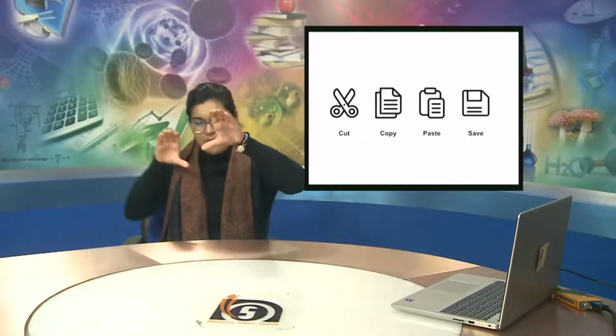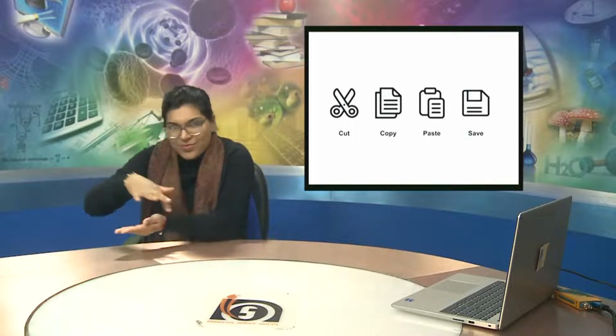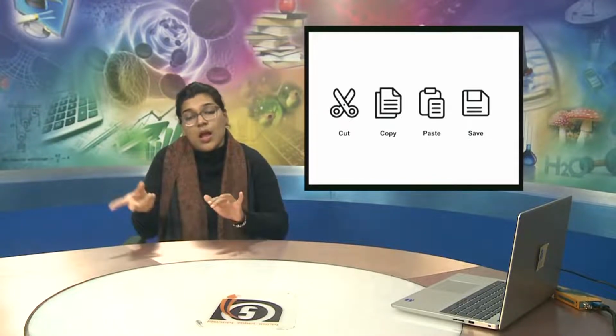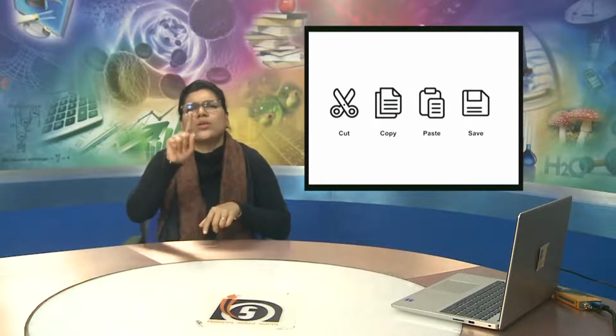Whenever we cut a particular area from one place, we tap on copy, we copy the sentence or the statement and we put it in another place. That is pasting. And in the last, we can do anything from it. Maths, English, science, social science, etc. We can cut, copy and paste.